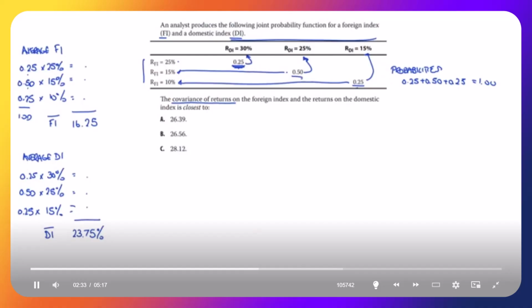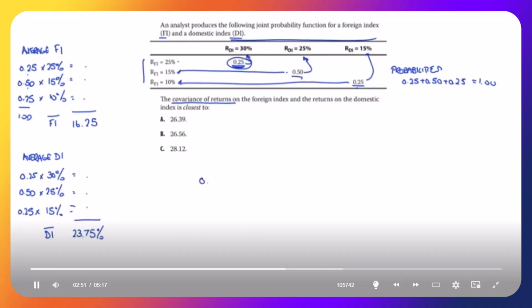What we need for each of the three scenarios is the difference between the return on the foreign index and its mean, multiplied by the difference between the domestic index and its mean, multiplied by the probability of that scenario. So let's take this first one.